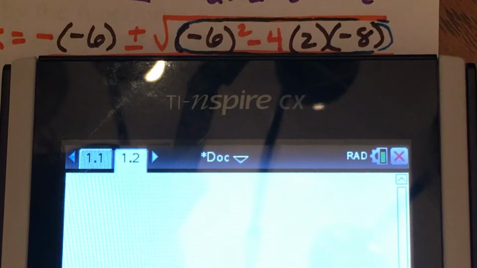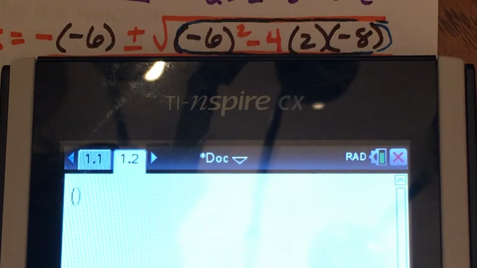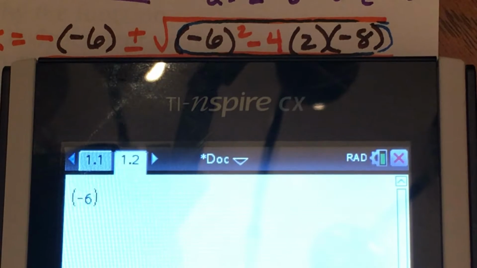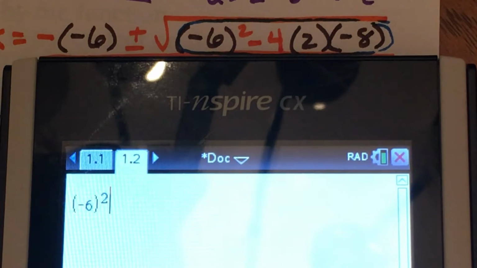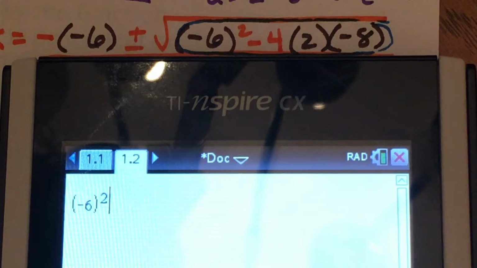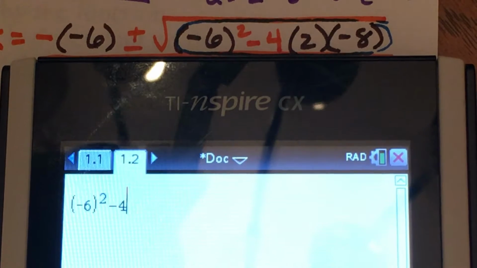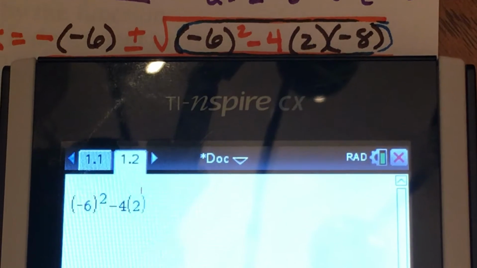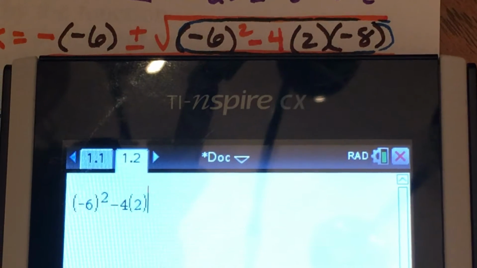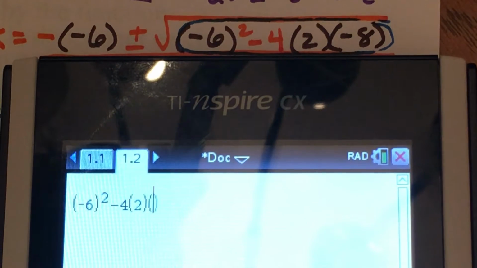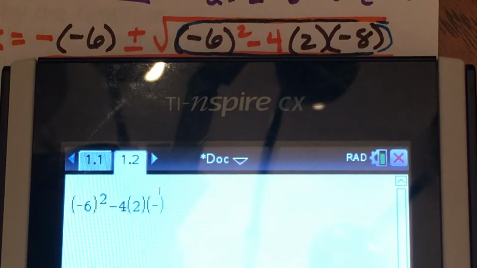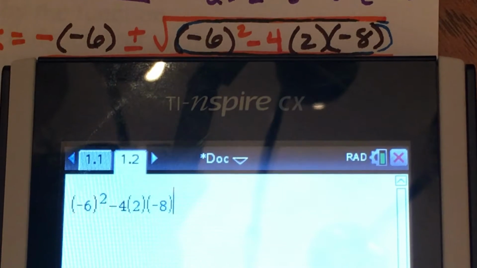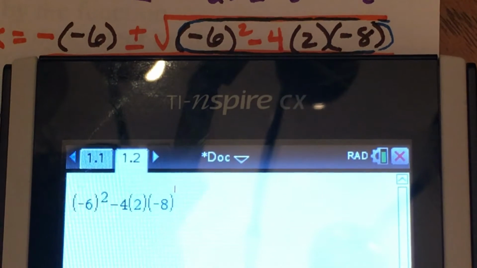All right, so we've got parentheses, -6, close your parentheses, squared, minus 4, parentheses, 2, close your parentheses, open your parentheses, -8, close your parentheses, push enter.